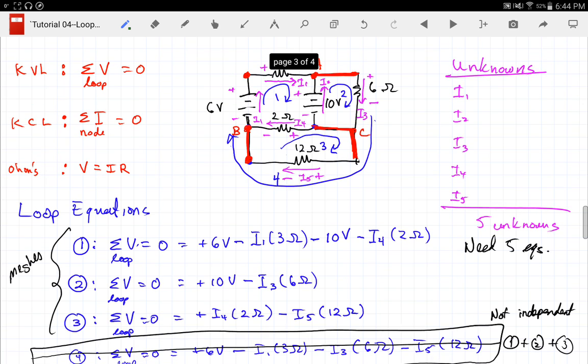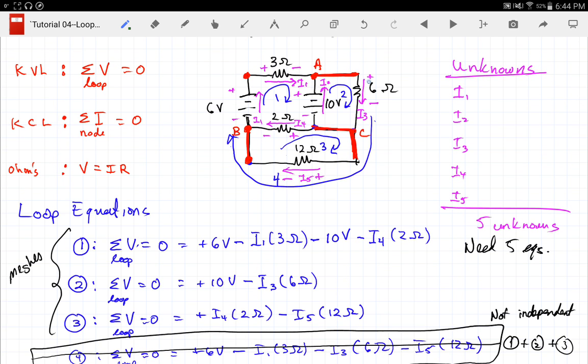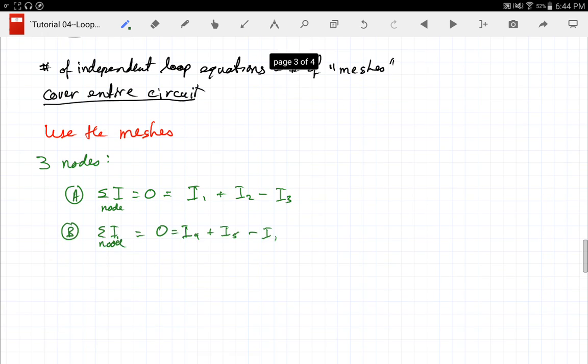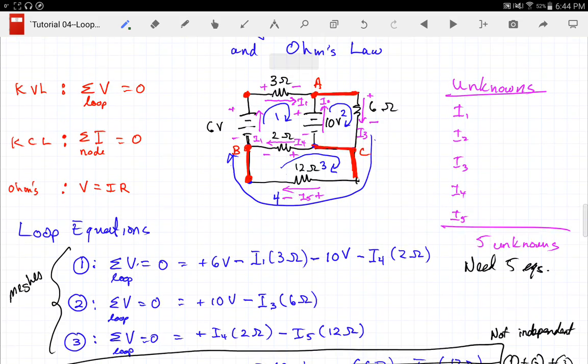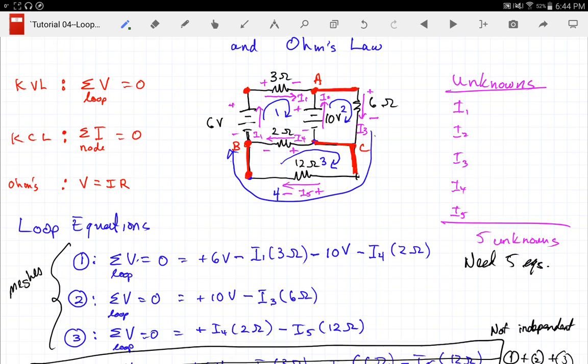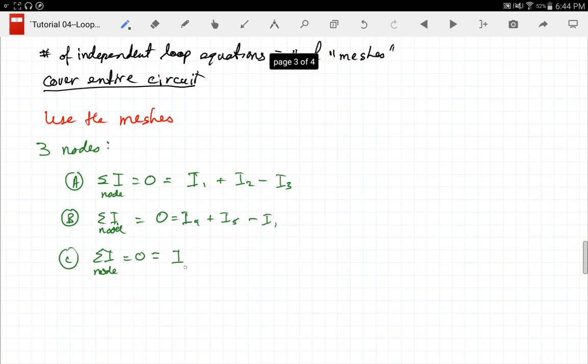And finally at node C, I have I3 coming in and I2, 4, and 5 all leaving. I gotta check the numbers again. I3 is entering, 2, 4, and 5 are leaving. So there I have 3 equations.